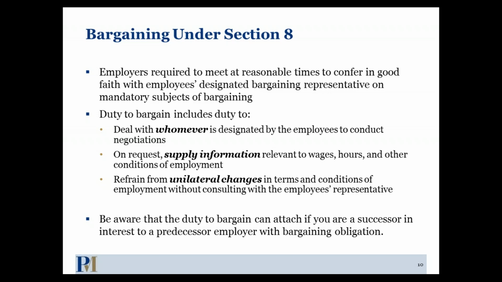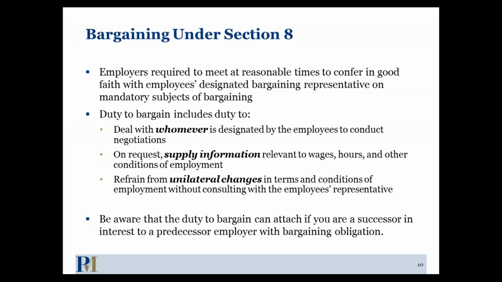There are some circumstances. We'll talk about that in the future, Jen. There are things you can say that will obligate you to open your books that probably don't need to be brought up in negotiations, so it's best to stay away from them anyway. But there is a duty that arises to essentially back up claims that you're making and provide information to help the union be able to reach an agreement with you.